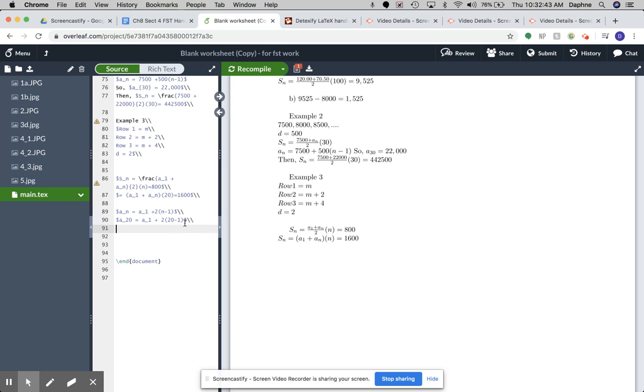But 20 minus 1 is actually what? 19. I hope you all said that. Equals a sub 1 plus 19 times 2, which will be 38. So we have our mysterious 20th term, 20th row, but in terms of a sub 1.